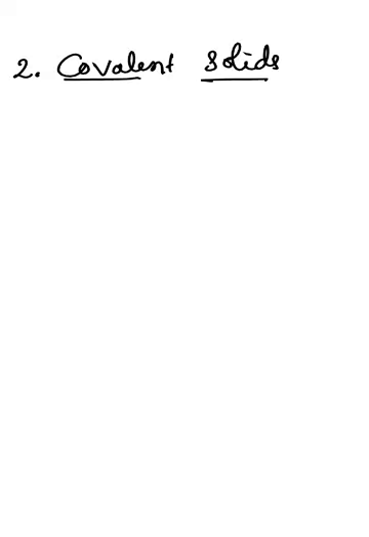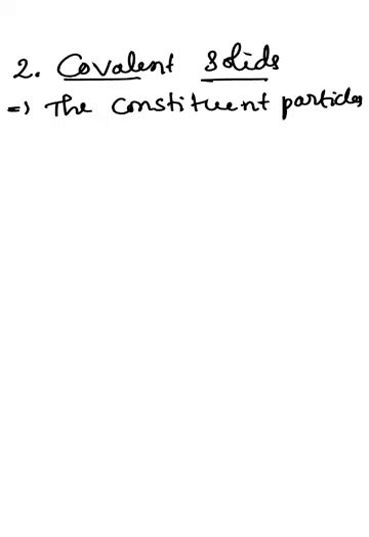Next, go for the second one, covalent solids. What are covalent solids? First one, the constituent particles in the covalent solids are nonmetals. Particles are nonmetals.